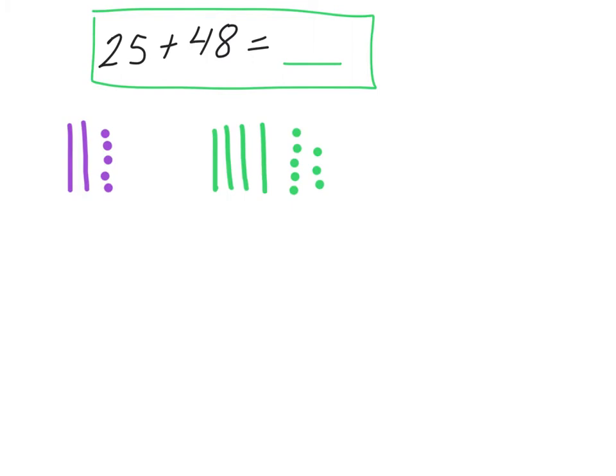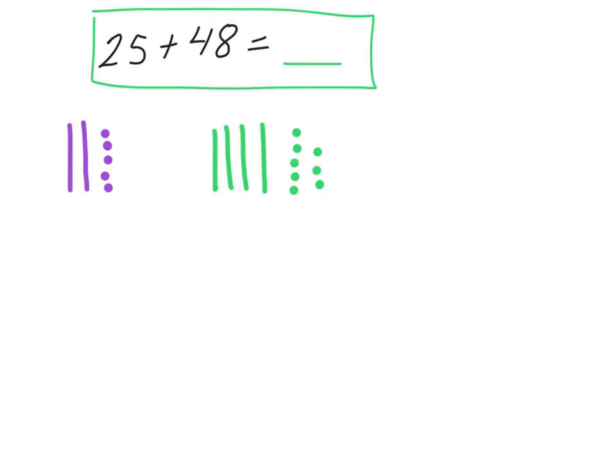Adding can be easier when one of the addends is a tens number, because remember, it's really easy to count by tens. So let's look at 48. In particular, let's look at the 8 ones. Let's make 8 into a 10. 8 plus what equals 10?